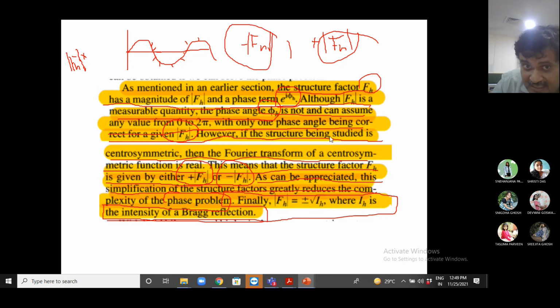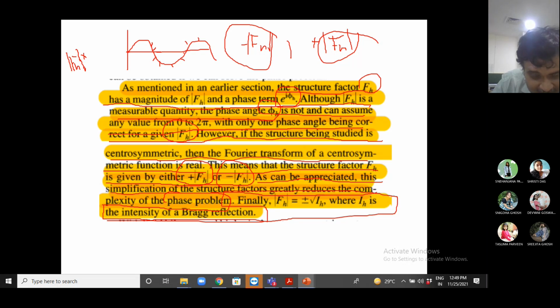However, if the structure is centrosymmetric, as we can get in the case of a membrane, then the Fourier transform of a centrosymmetric function is real, and the structure factor Fh is given by either plus Fh or minus Fh. So this term no longer is applicable for membrane.